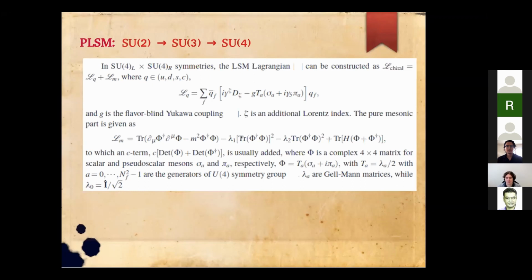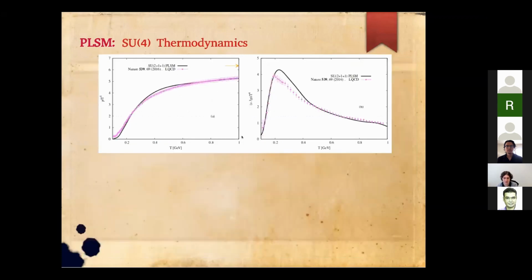Doing this, I can show you some results using the thermodynamics for SU(4), where I'm showing the pressure normalized to T to the fourth, and also the interaction rate normalized to T to the fourth, compared with the dots with error bars, which are the lattice results.